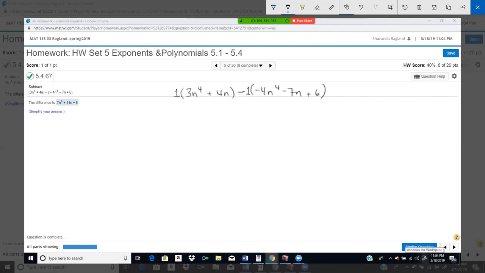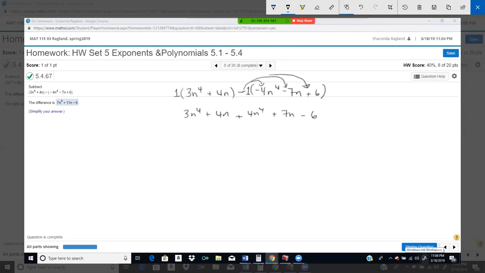When you distribute a positive 1, it does not affect the signs of the terms. However, when you distribute the negative 1, it affects the signs. So that becomes a positive 4n to the 4th, a positive 7n, and a negative 6.